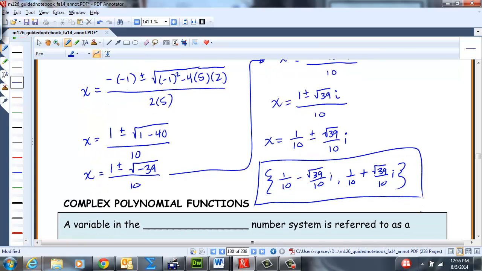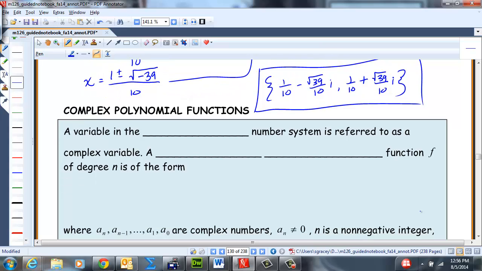Complex polynomial functions. A variable in the complex number system is referred to as a complex variable.